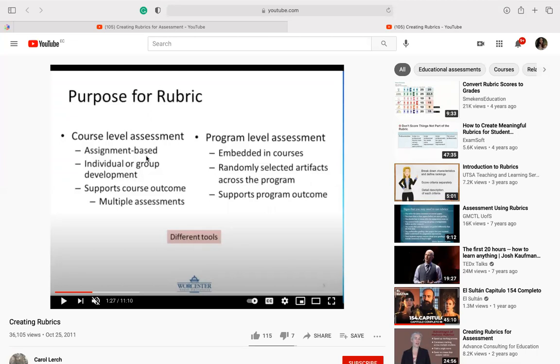Great. Okay, thank you very much. Well, the author also makes a reference to the previous slide, where we have course level, which would be more like the analytic rating scale, used in classes, in the regular courses that we have in schools, with classroom-based assessments. So it's, like you say, assignment-based, individual or group development, and one of the purposes is to support course outcomes.